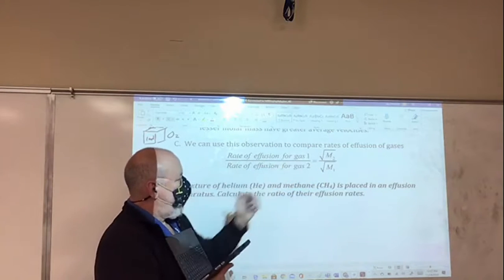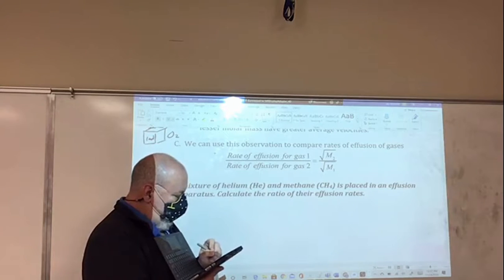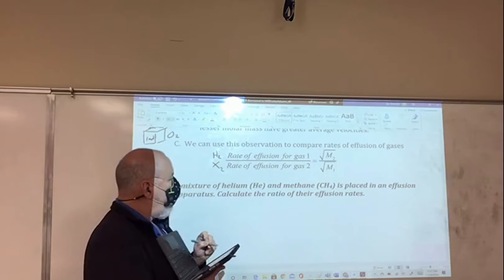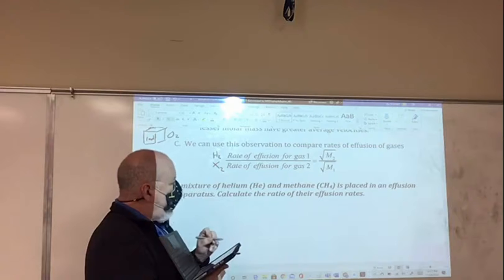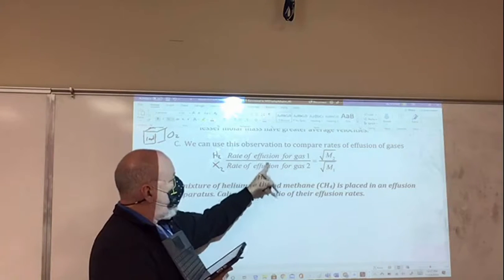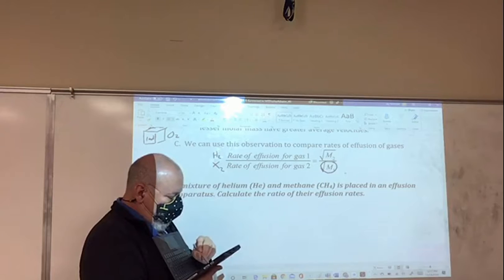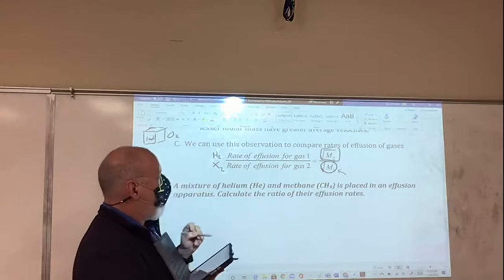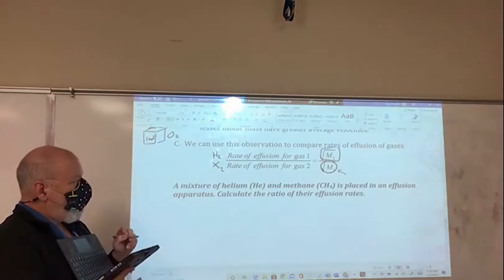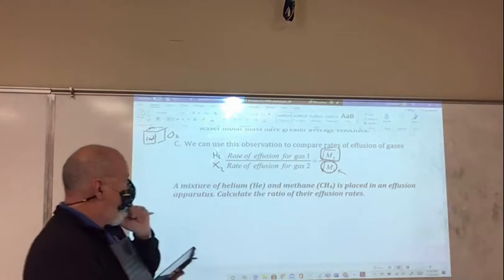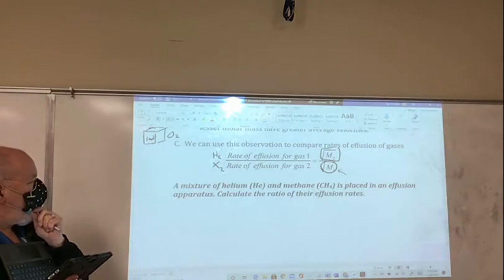So let's say it's just hydrogen, and then I have this gas that I don't know about. I can compare its rate of effusion, and I'll be able to find this molar mass by isolating it and multiplying this ratio times the square root of the molar mass of the known gas.